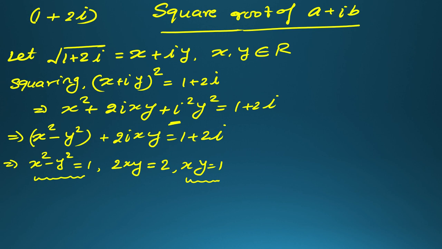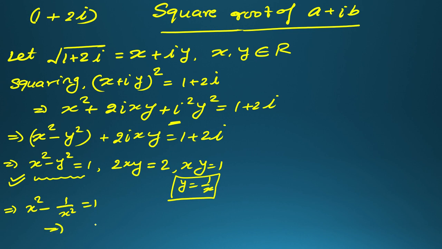So what we can do here: xy is equal to 1, so y will be equal to 1 upon x. Or you can do it by any method you want, my purpose is just to find the values of x and y. Putting this value of y in the first equation, it is x square minus 1 upon x square is equal to 1.